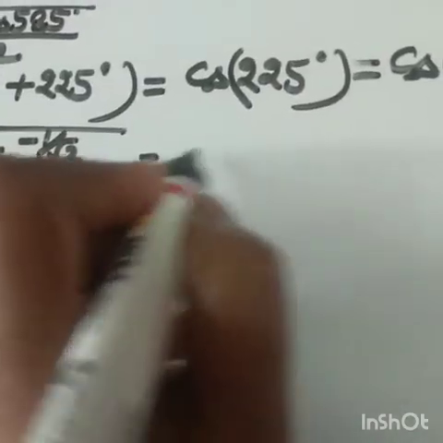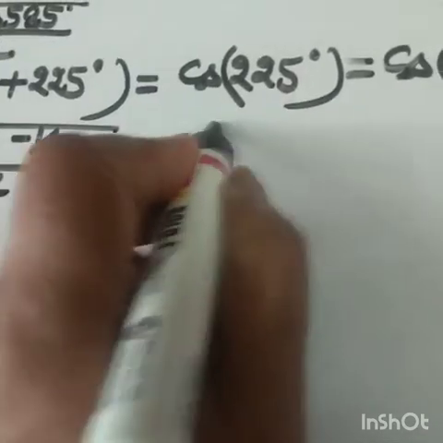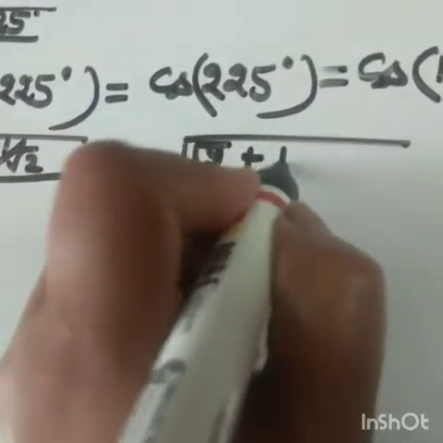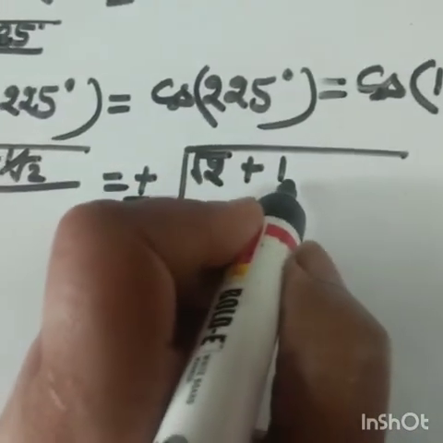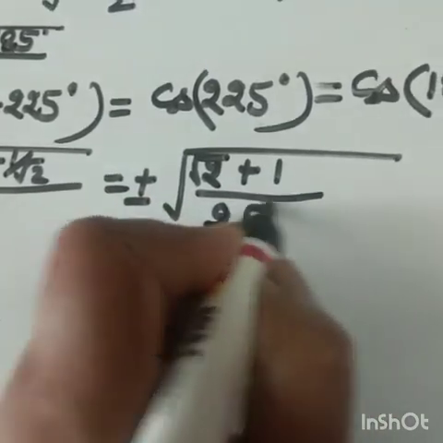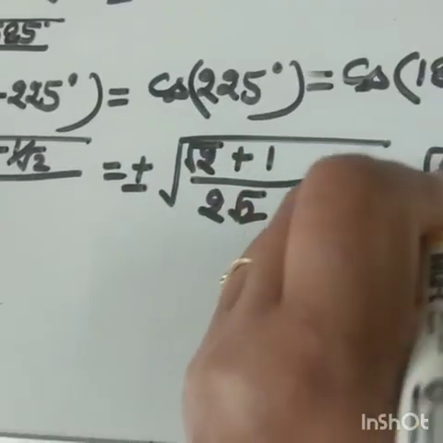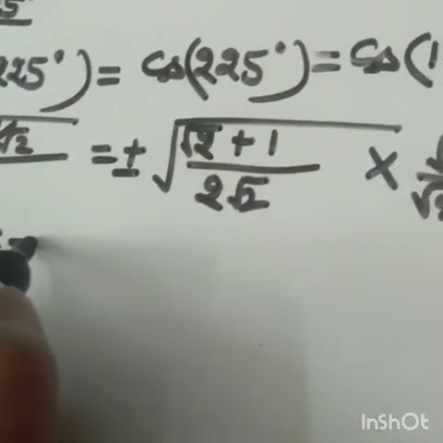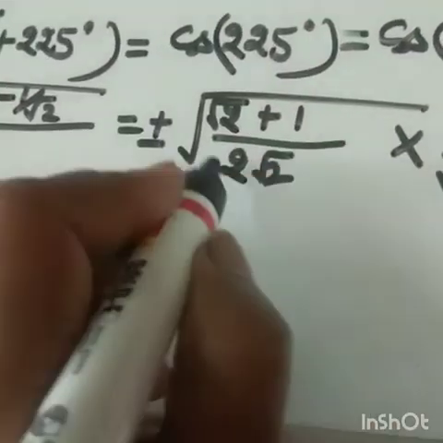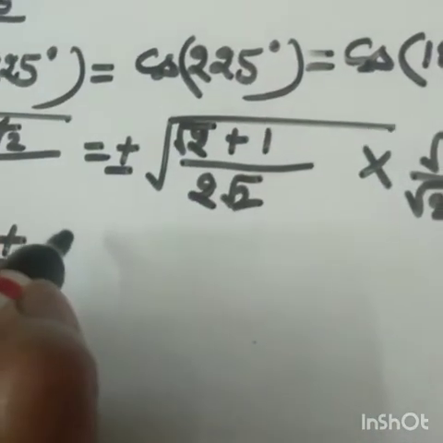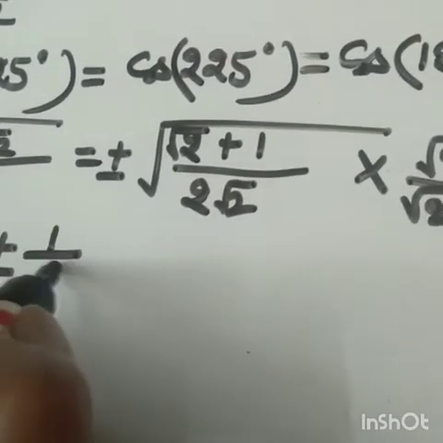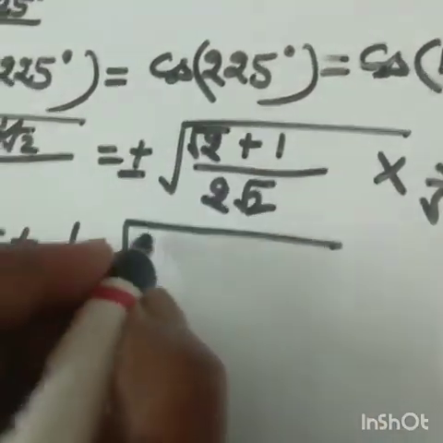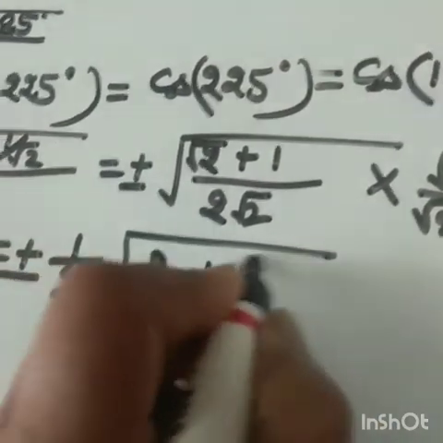And now simplifying it, plus minus, this will be root 2 plus 1 upon 2 root 2. Now rationalizing it, with root 2 in numerator and denominator both, you get plus minus, root 2 into 2 will be 4, so 1 by 4 under root, so I am writing this outside as half, and inside the radical sign, root 2 into root 2 is 2 plus root 2.